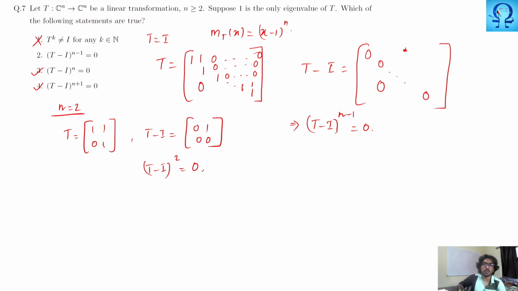Only when n is 2 are you getting this to be equal to 0. But the n minus 1 case, we are not getting it to be 0. So option 2 is not true in general. We are not saying it is false, it is not true in general. If you consider your T to be simply this, in this case your T minus I itself is 0. That is why it is not true in general.